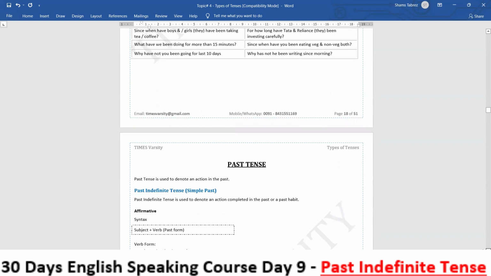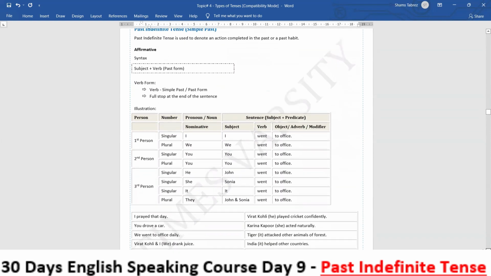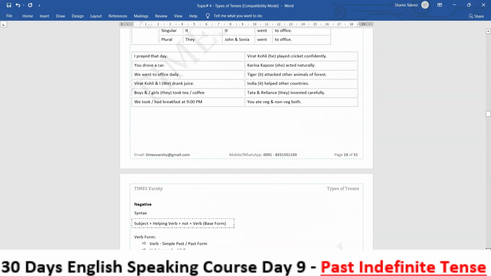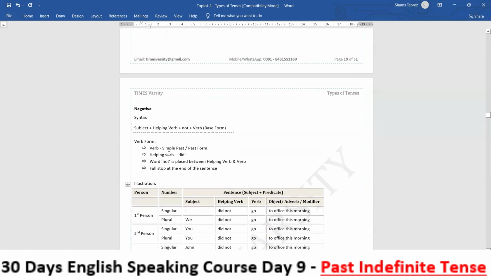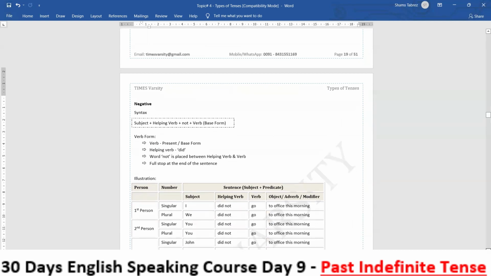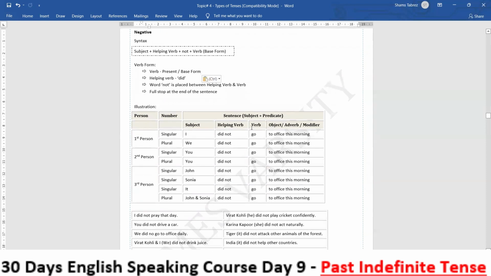In past tense, past indefinite, the negative sentence uses the present or base form. Okay, this is the way. Then if we make sentences, the verb form is the present or base form, and here the helping verb did is used.